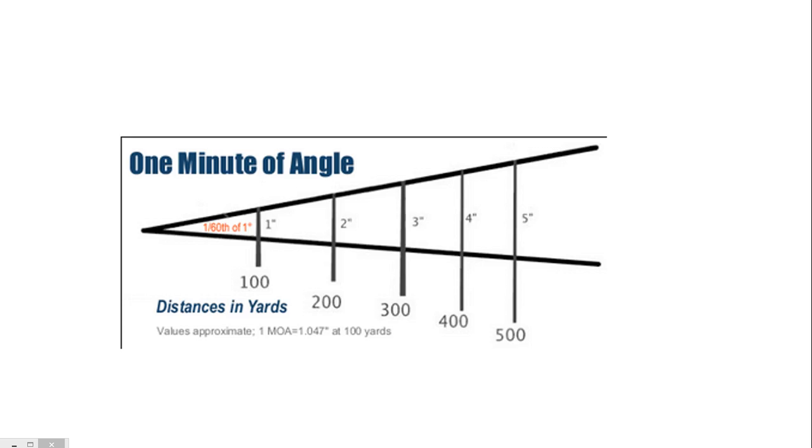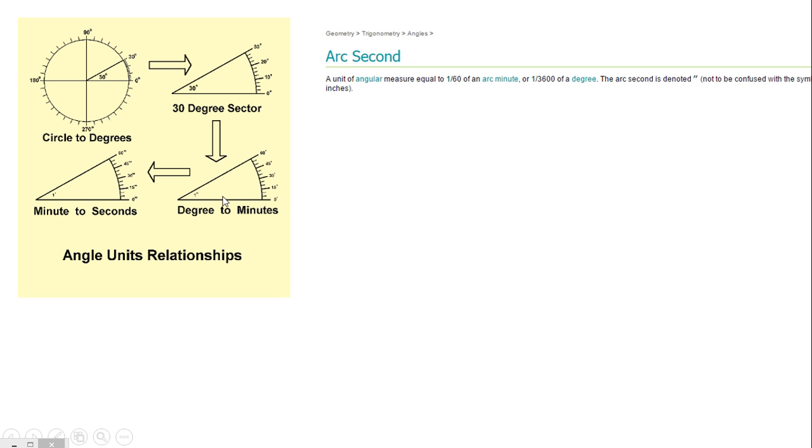So there you have it. And here's the summary. Any degree is split into 60 equal parts called minutes. So 1 minute is 1/60th of a degree, and every minute is split into 60 equal parts called seconds of arc.